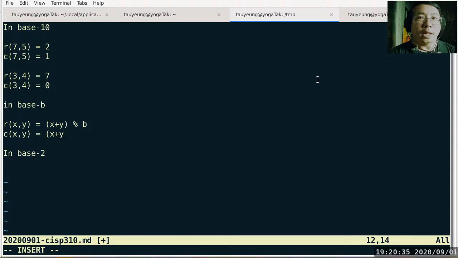It is x plus y, looking at the value of x plus y, and then we check whether it is greater than or equal to B. If it is the case, then we say the carry is a 1. If not, we say the result of the carry is a 0.